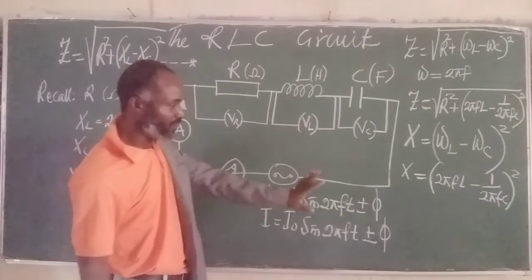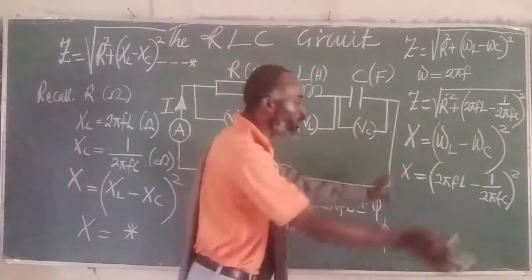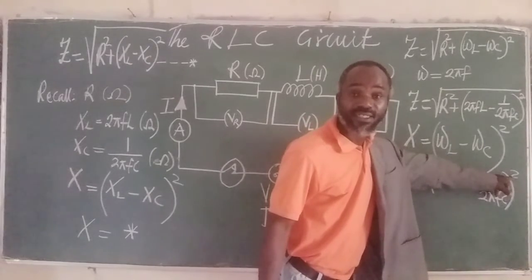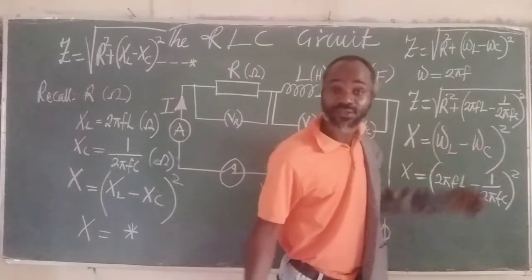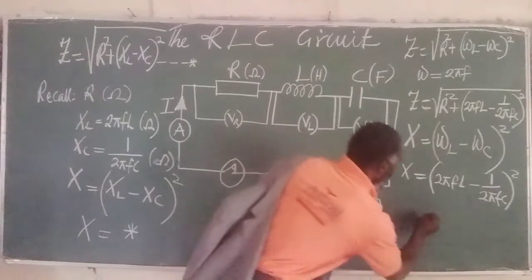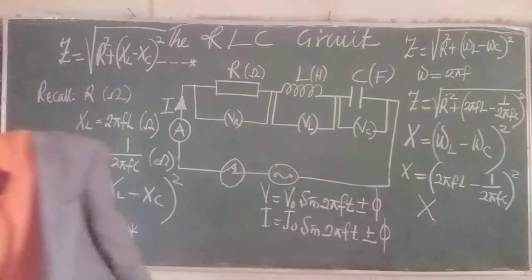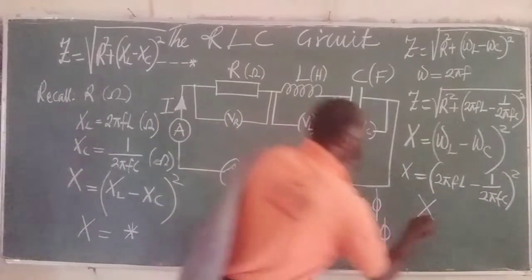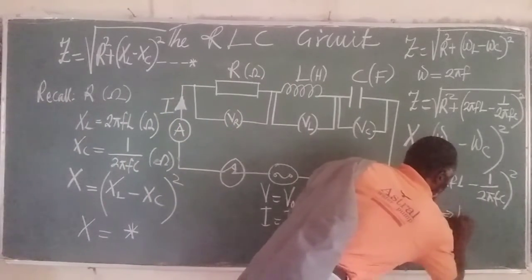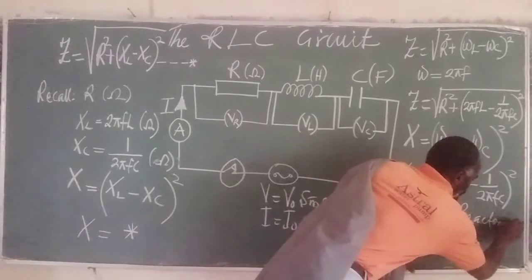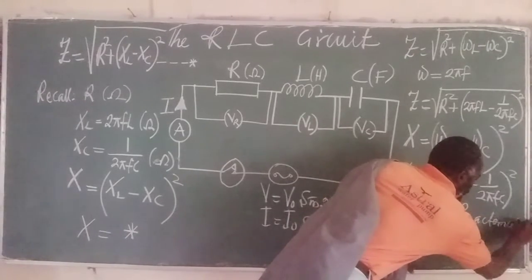By the time we do this and evaluate accordingly, taking note of squared, we are done. That gives us the value of X, the reactance. The reactance is referred to as X. This simply means the reactance, and it is measured in ohms.